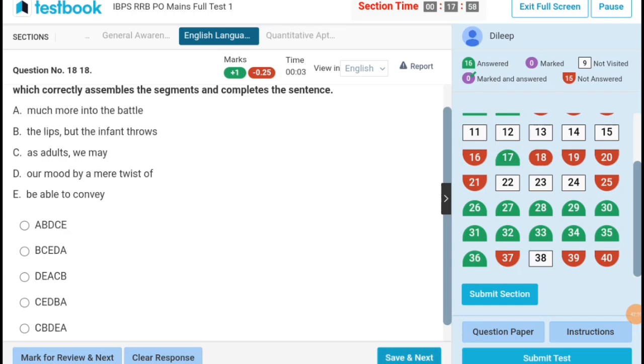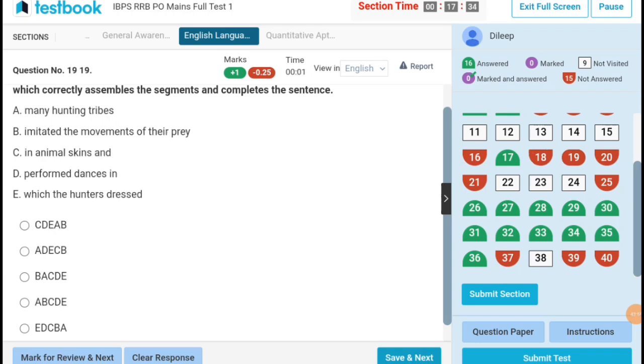Next, the lips but the infant throws our moved by a mere twist of, we may be able to convey our perform dances, imitate the movements of the.